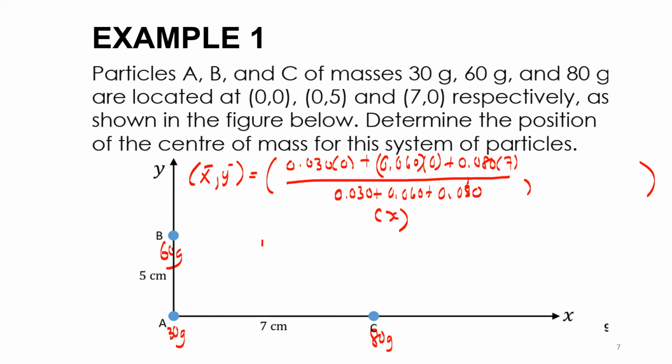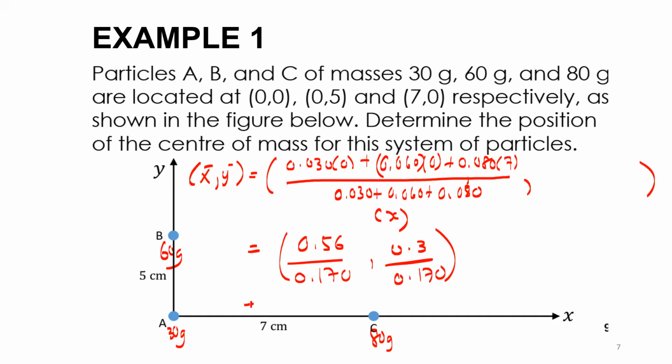So that's how eventually when you solve, you'll end up getting 0.56 over 0.170, 0.3 divided by 0.170. When you simplify, you should get the value as 3.3 and 1.8. That will be the final answer. I think no need to further explain.